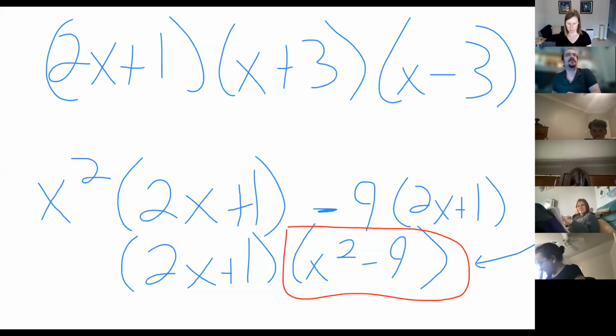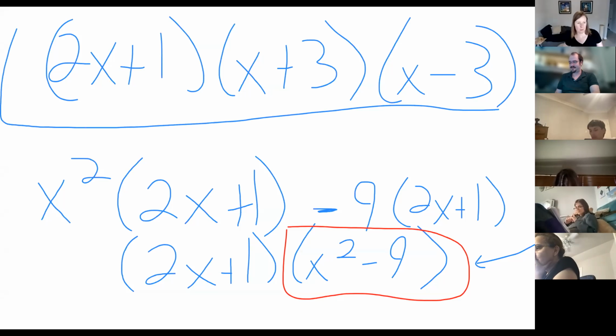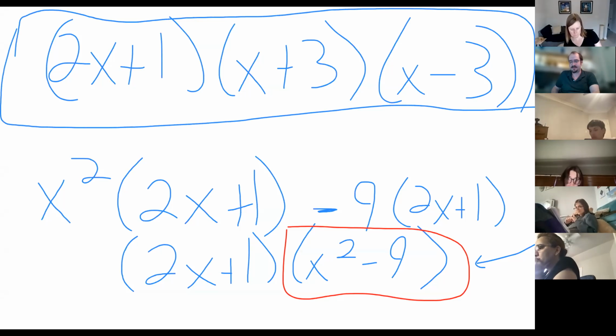So we started with 4 terms. We factored by grouping. After we factored by grouping, there was still a little bit more work we could do. We see a difference of squares. We should end up getting this thing when we expand it.